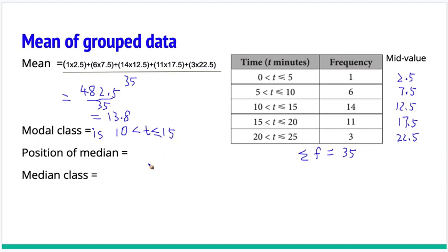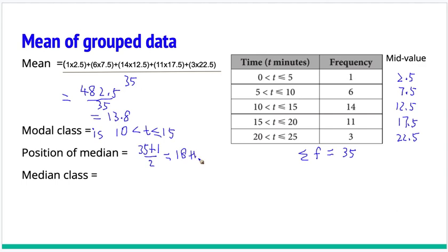And the position of the median. Again, we have a median class and not the median. Here we have 35, so 35 plus 1 divided by 2. 36 divided by 2 is 18.